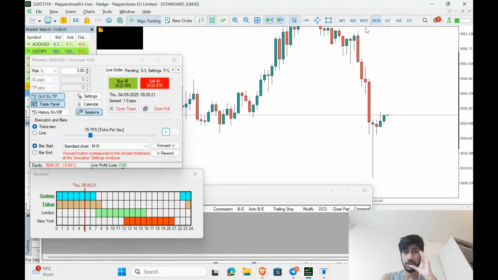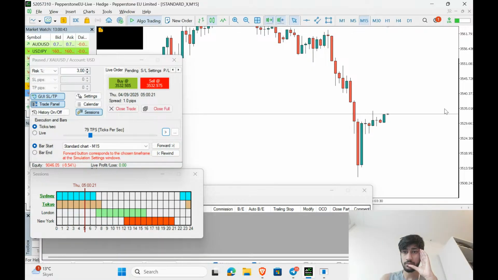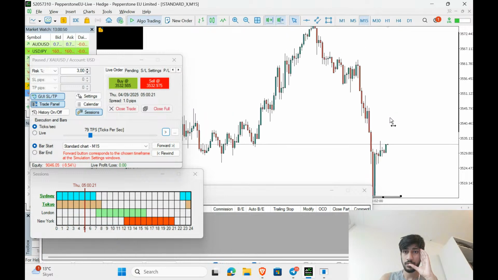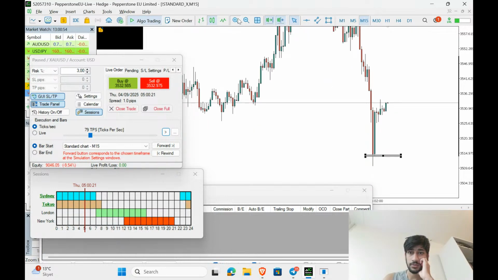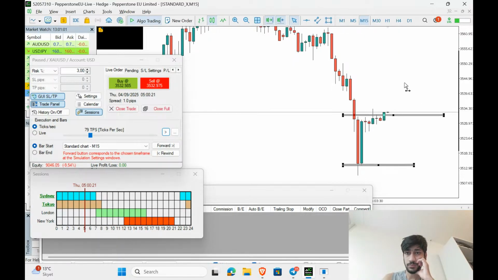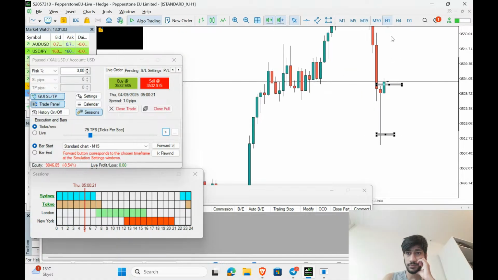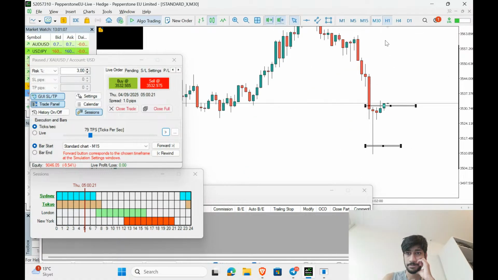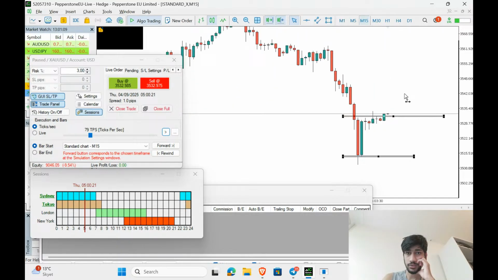M30, we are closing bullish, but we are in a sort of downtrend because see, it came down, we consolidated, we broke below the low, we came down. So even if this candle formed bullish, the probability of price to move up is there, but we are in a downtrend.